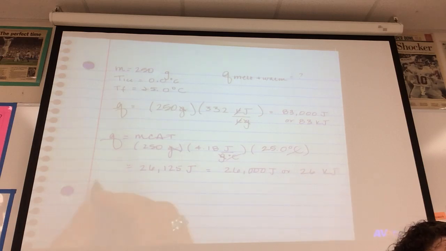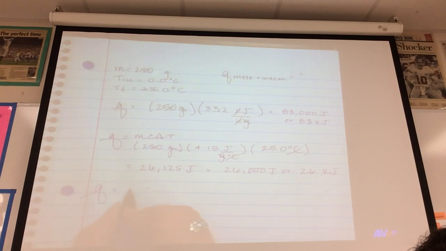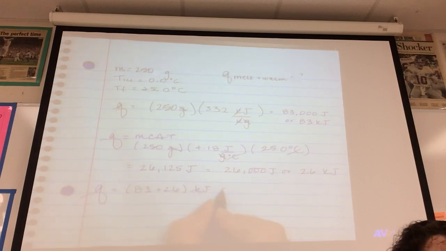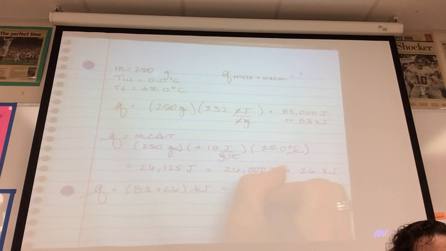And now how will you get the total Q, if you will? Just add them together. Now we got 109 kilojoules.